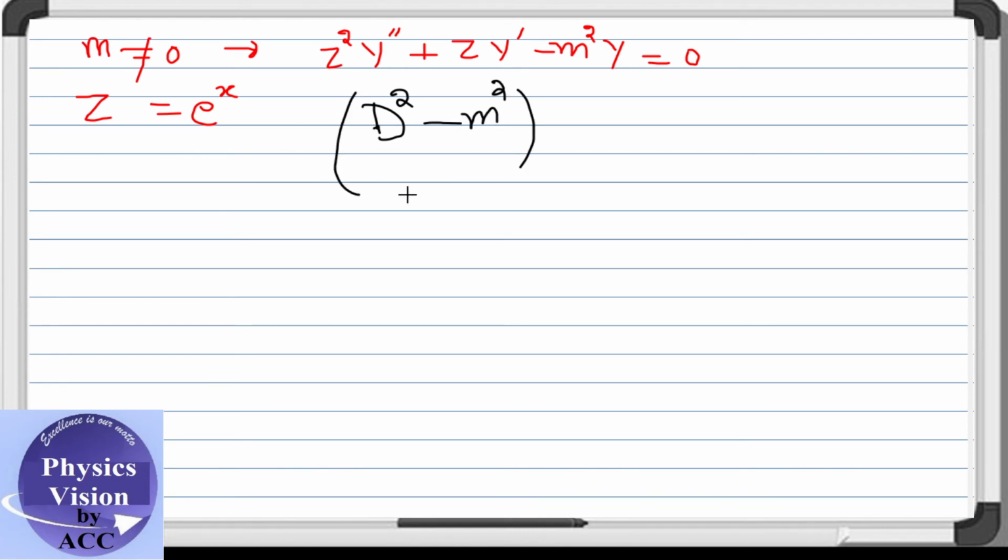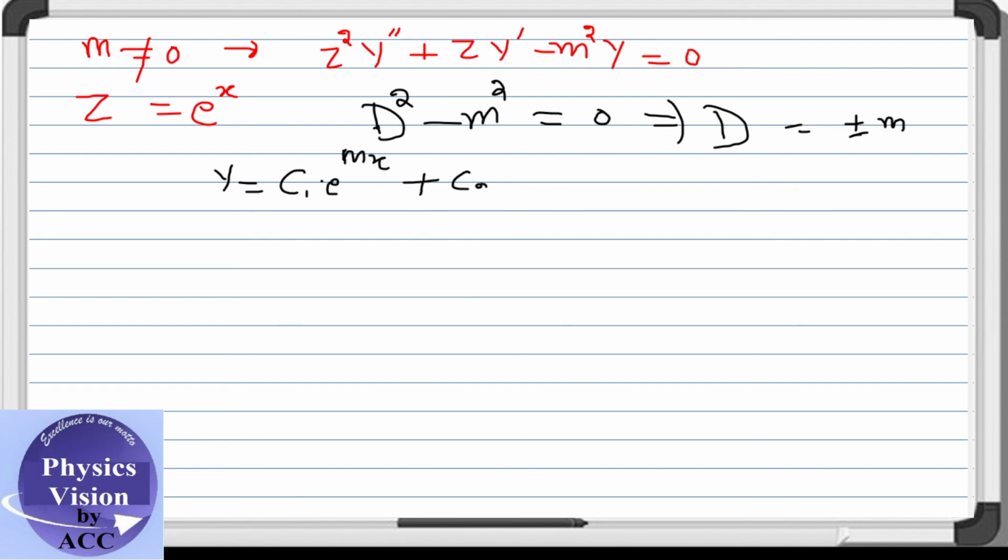This is equal to 0, and since this is equal to 0, it implies D is equal to plus minus m. And if D is equal to plus minus m, the y will be given as c1 e raised to the power m x plus c2 e raised to the power minus m x.